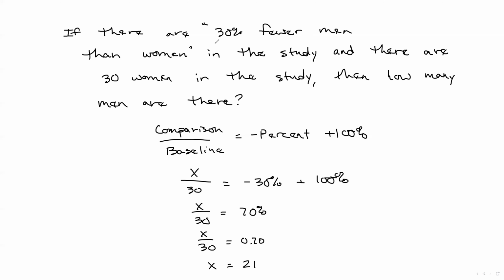If you go to the store and something is 20% off, then you take 100%, subtract 20%, and the price is going to be 80% of what is listed. Okay, and so that's the way you can handle fewer, less than, decrease. You want to take the quantity, subtract it from 100, and then multiply by that. That's what this formula does. It takes the quantity, makes it negative, and then adds that negative value to 100.